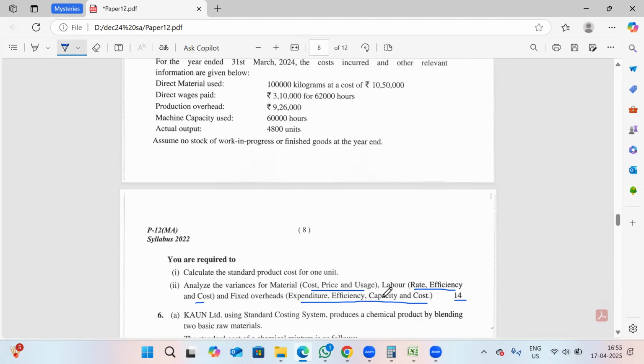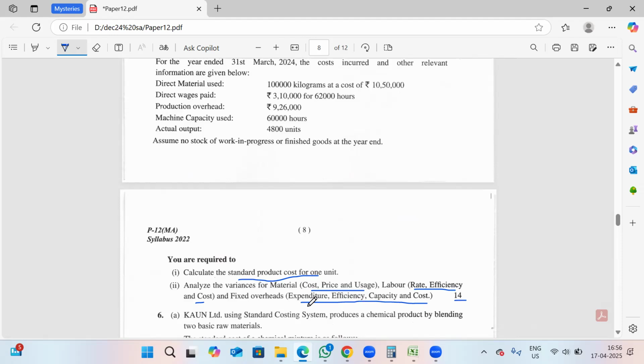Usually, what happens is we forget to calculate the standard product cost. We will be calculating all the variances, but in a hurry we forget to calculate the standard product cost. Usually that happens in a hurry, we forget to calculate something, because we always used to calculate variances alone, right?